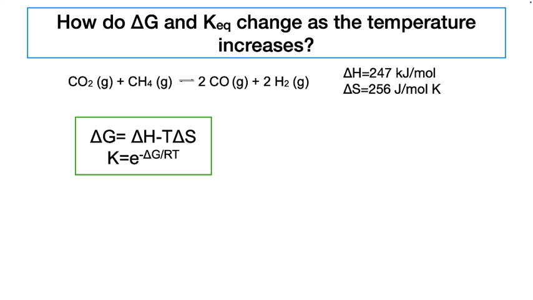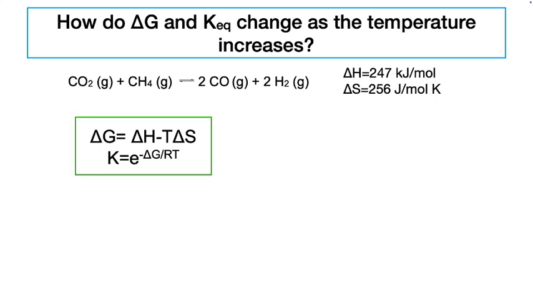What are the signs on your delta H's and delta S's? That's what we have to consider when we're evaluating this KEQ change. Does that make sense? In this particular case, are you given a KEQ? No. So how could we go through and brute force this?